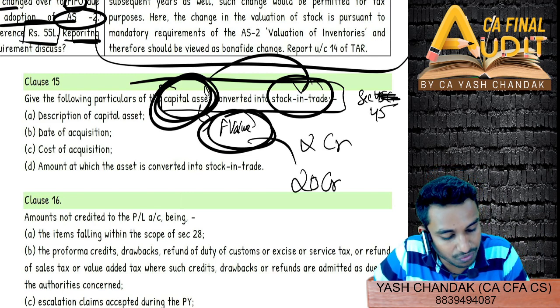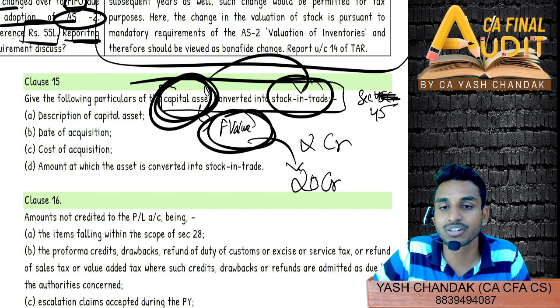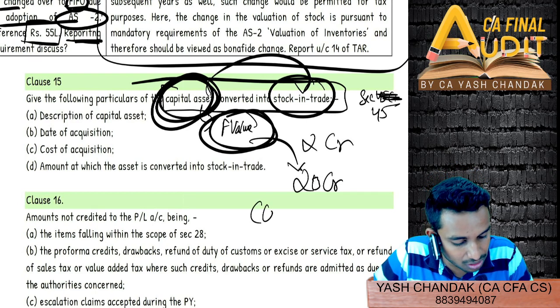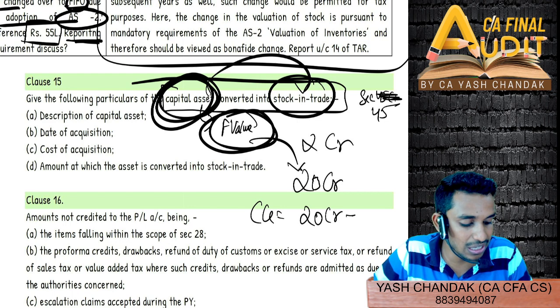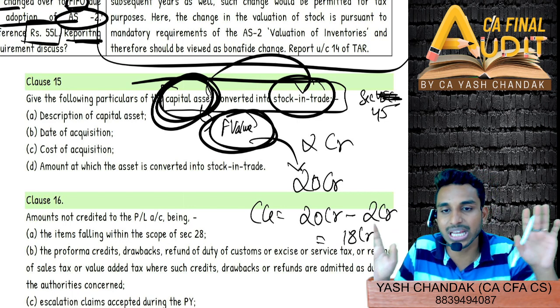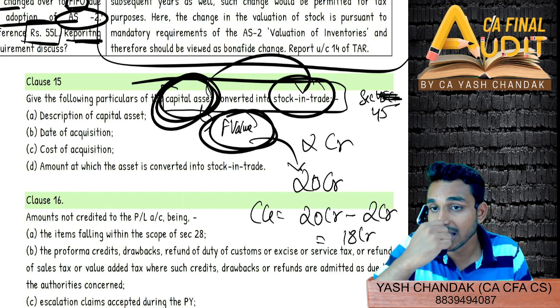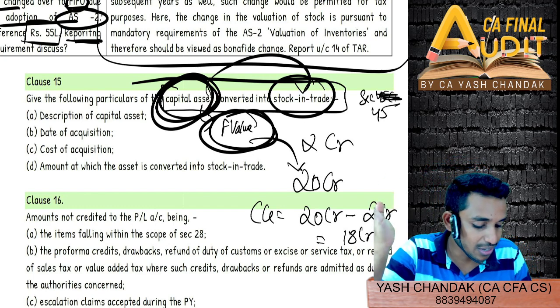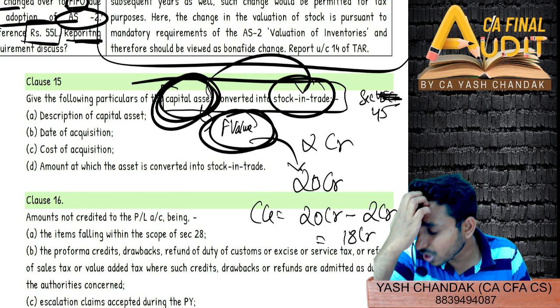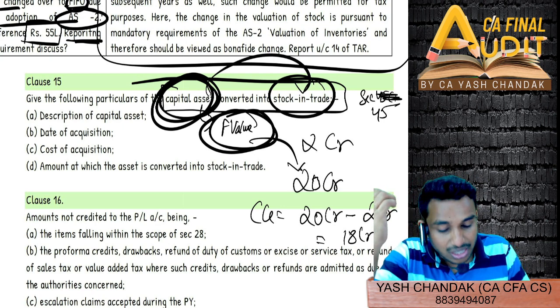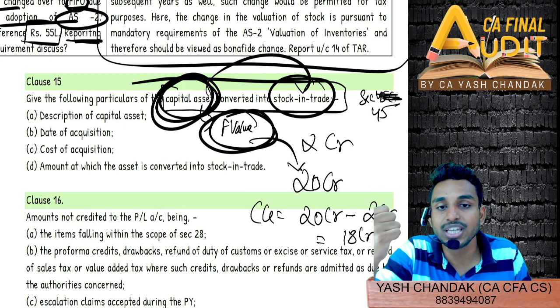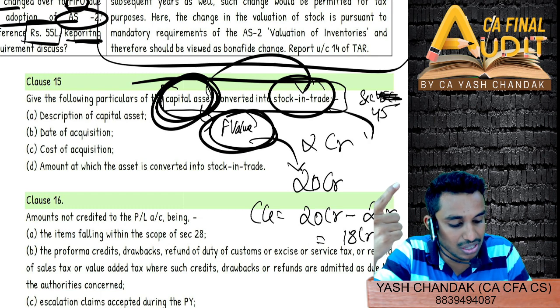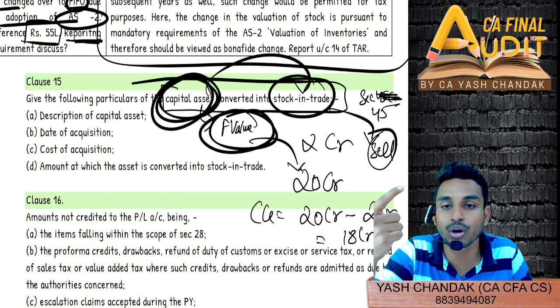So I'll value this conversion at 20 crores and my capital gains will be how much? 18 crores, of course subject to indexation and everything. I'm not calculating that, but subject to indexation we'll have capital gains of 18 crores. This 18 crores will be taxed when you sell these lands, when you sell this stock in trade.